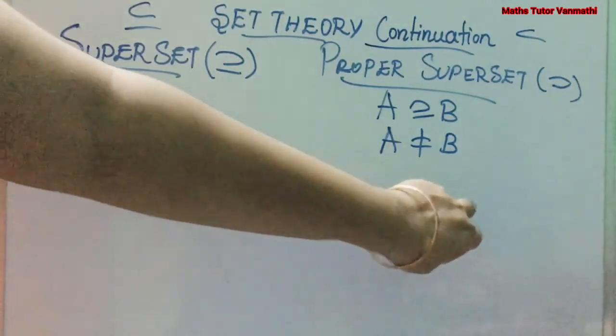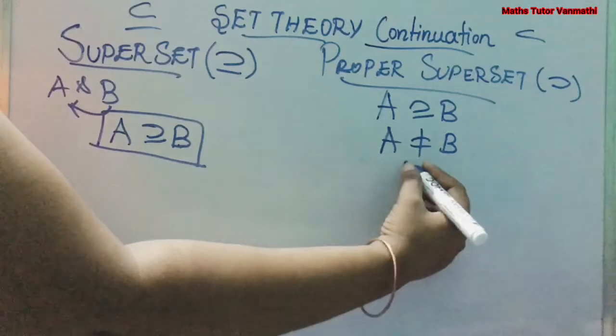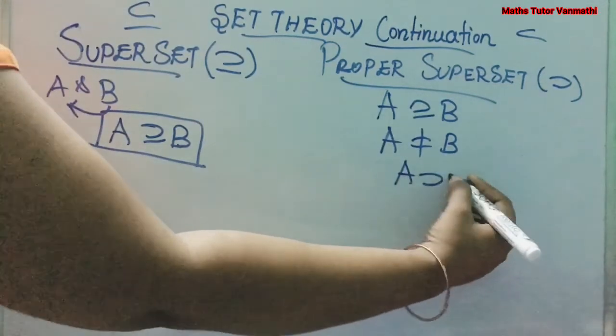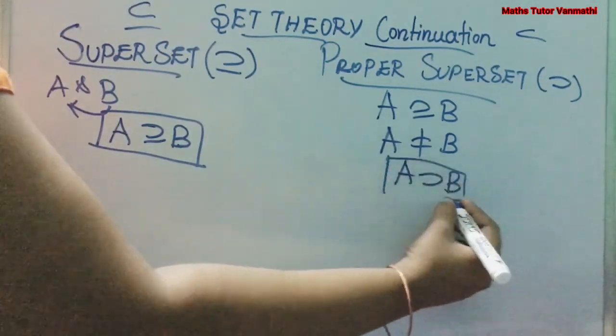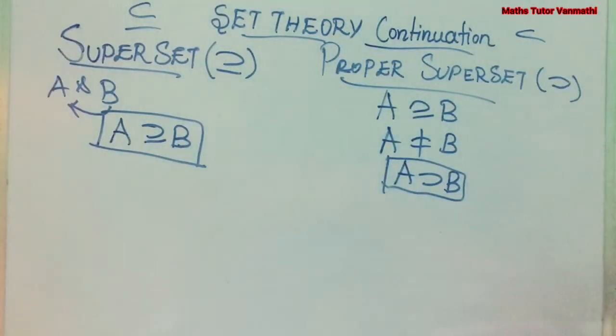A is not equal to B. Then we can say that A is a proper superset of B. Clear?